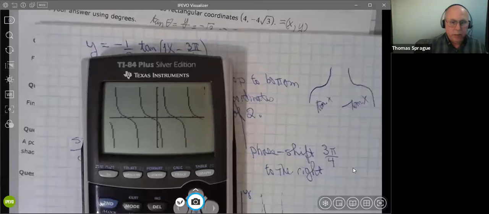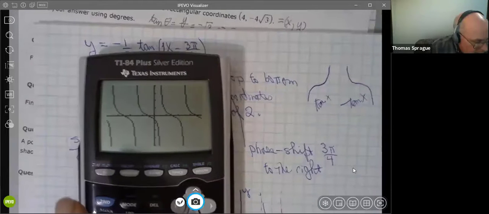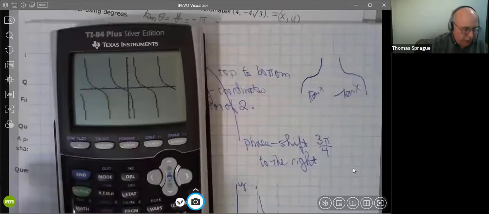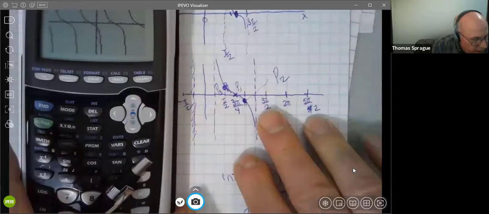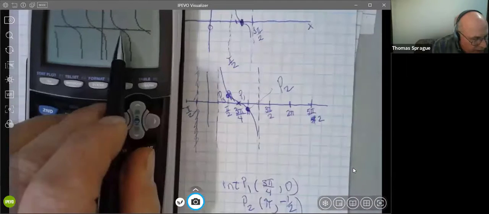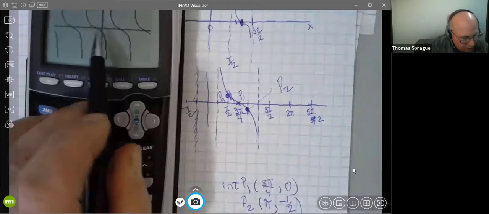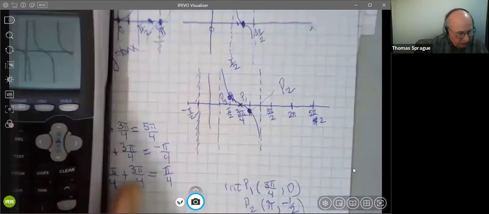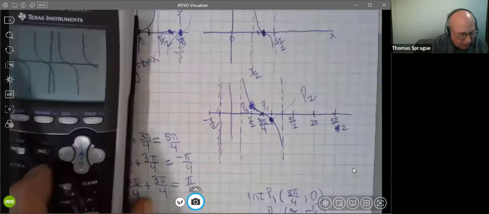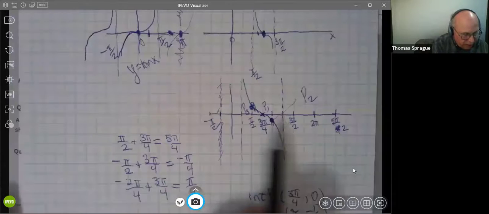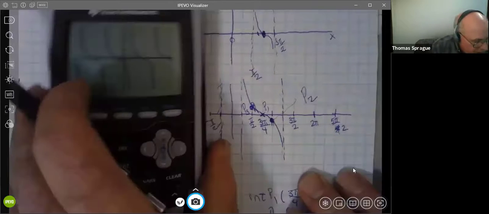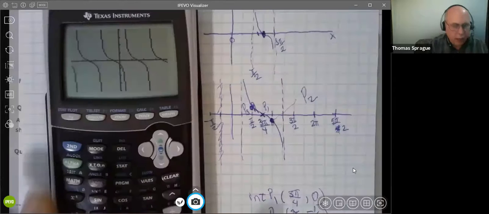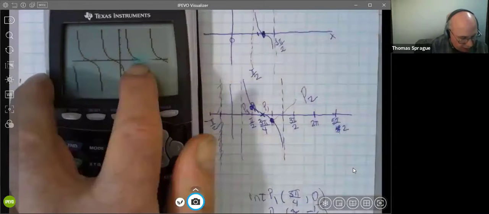Well, in general, not too bad. It's got the right kind of pattern. We're seeing an intercept over here to the right and then another one to the left of the origin. And that would make sense if I made another copy of this over here. That intercept is going to be a little bit to the left of the origin. Let's look for this guy right here and see if we're at the predicted point.